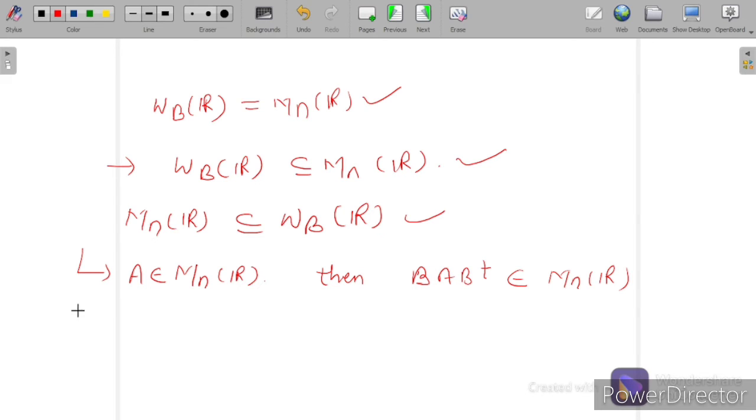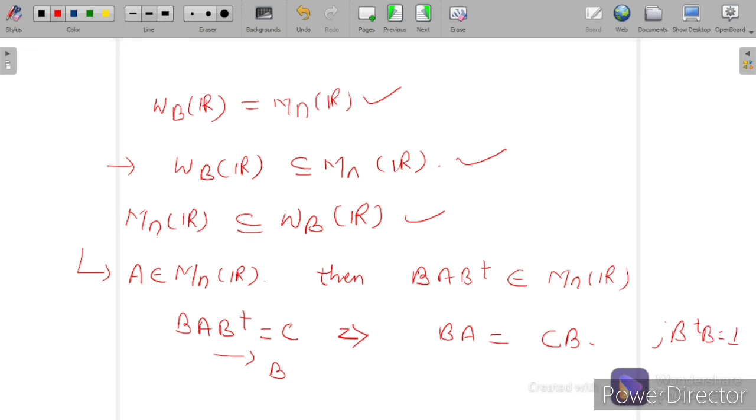Let's say B A B transpose equals some matrix C. This will imply that BA equals C B, because if you multiply this equation on the right by B, then BA equals CB, as B transpose B is an identity matrix.